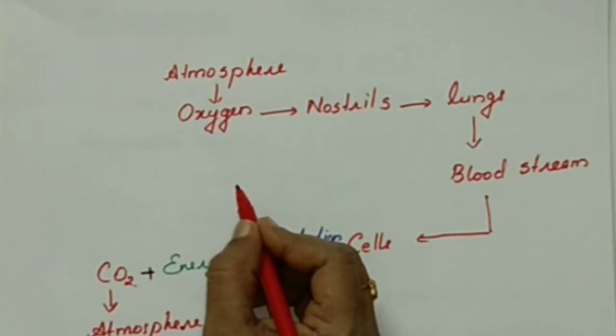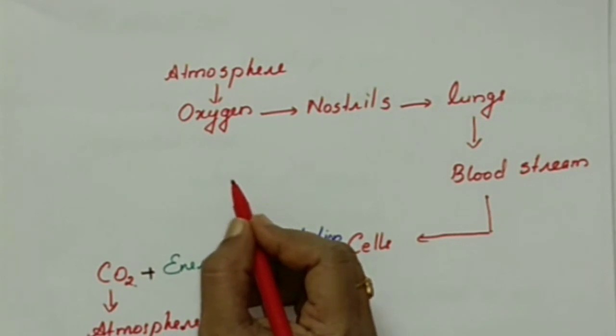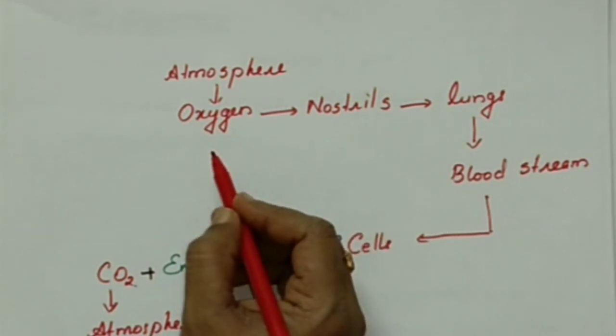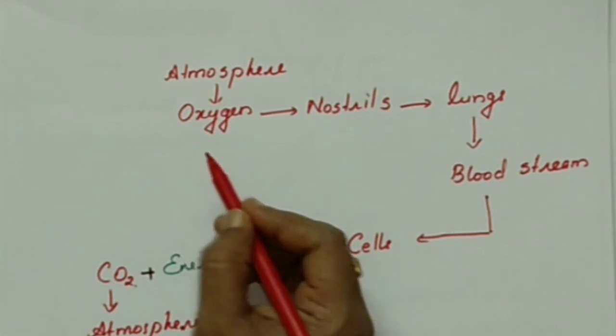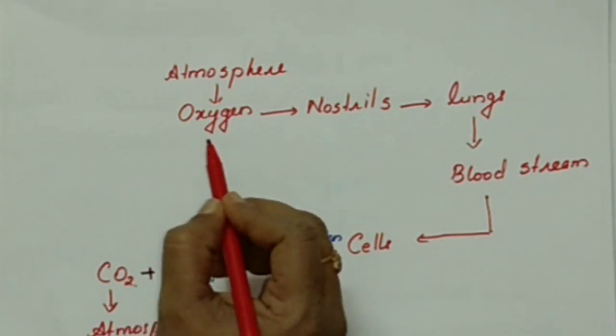Now, how does oxygen reach the cells in our body? If we take the case of human beings, as all of you know, we breathe in air, and now what happens to this air?